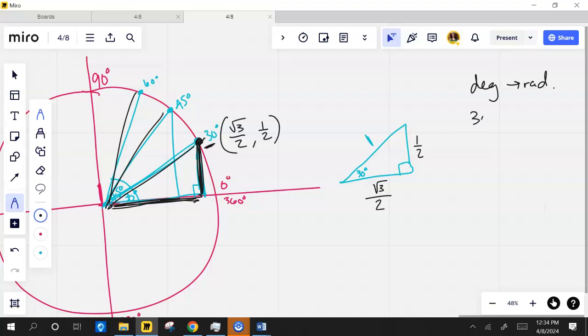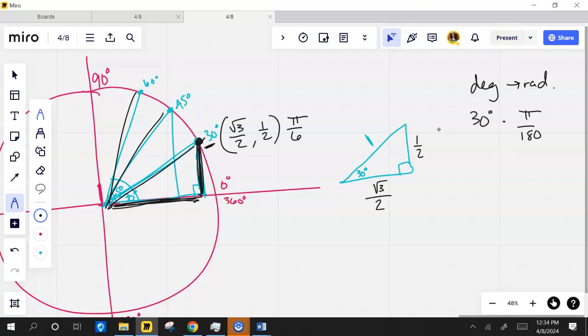I take the degrees and I multiply by pi over 180. So you need to calculate it. Pi over 6. That's your radians. You've got a spot there for your radians.